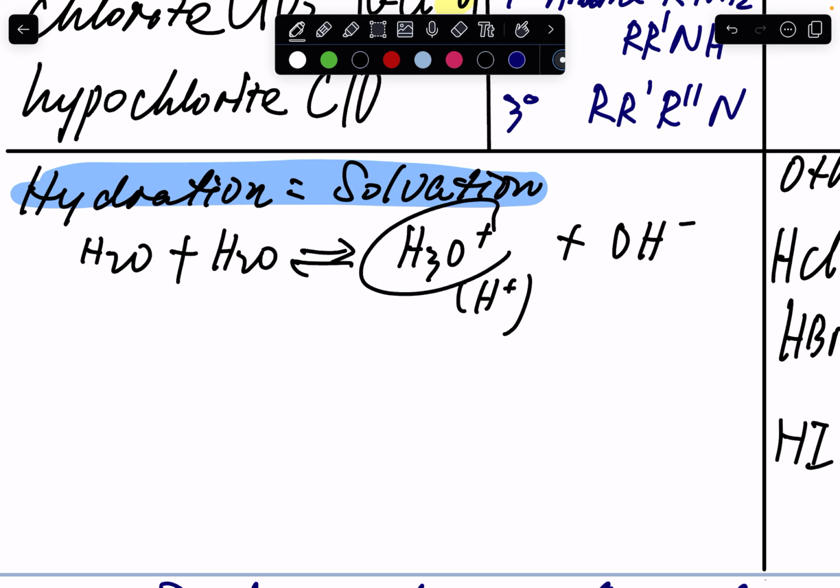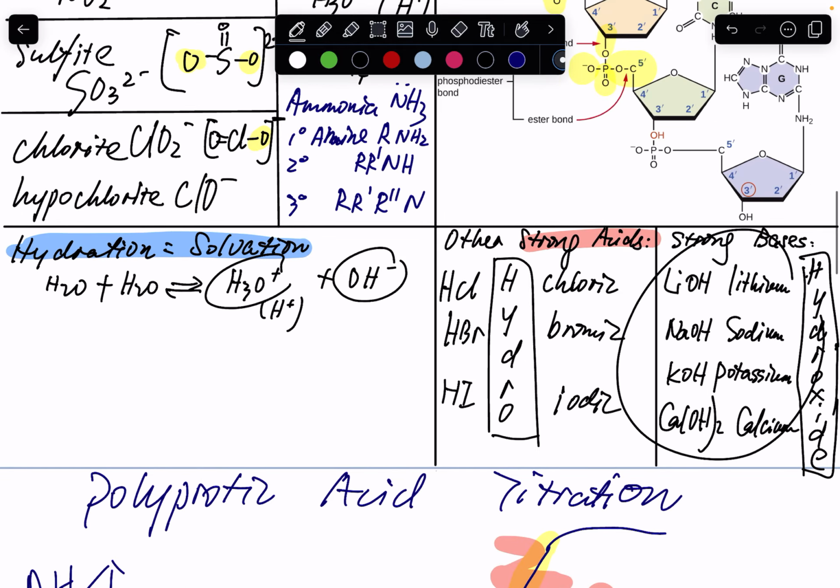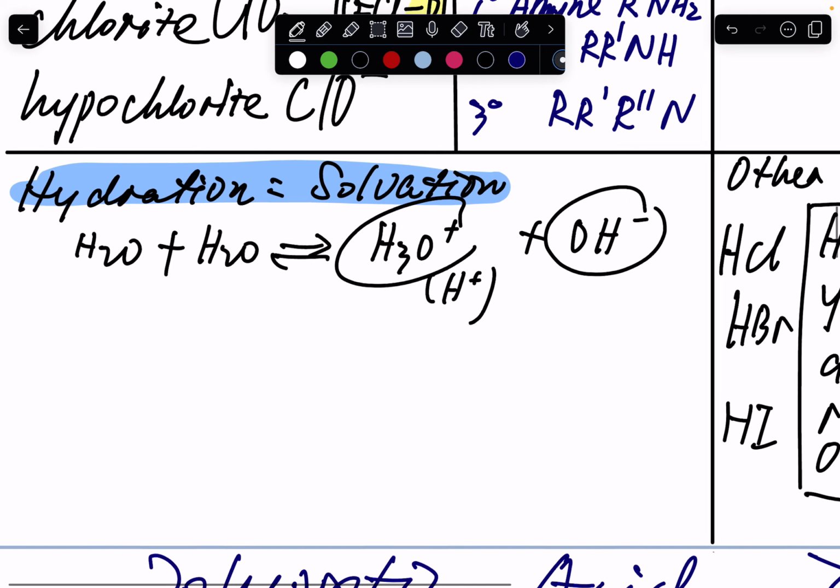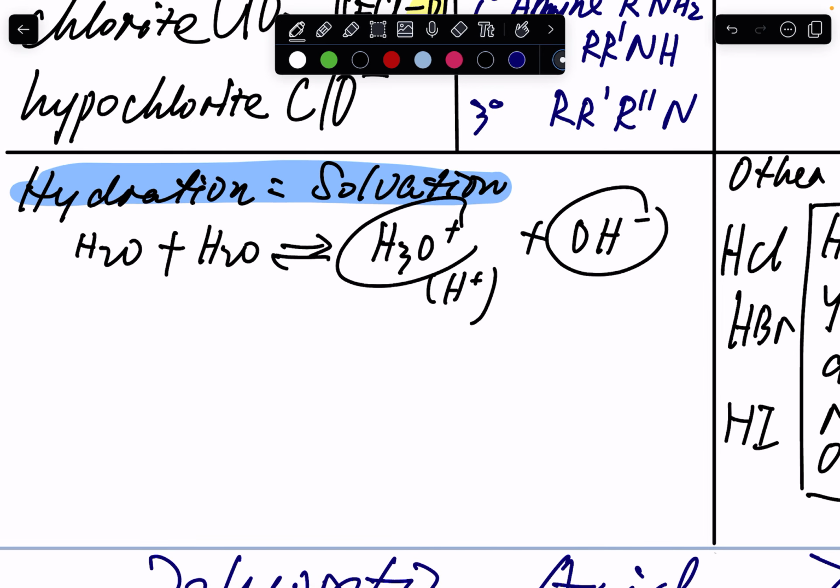Remember this cation, H3O+, is called hydronium, and the opposite of this is hydroxide. Remember all the bases? Hydroxide. So that's water's reaction with itself.